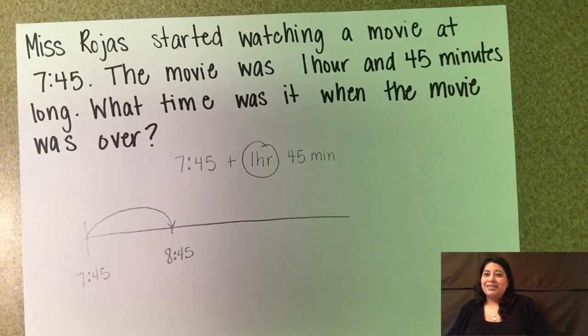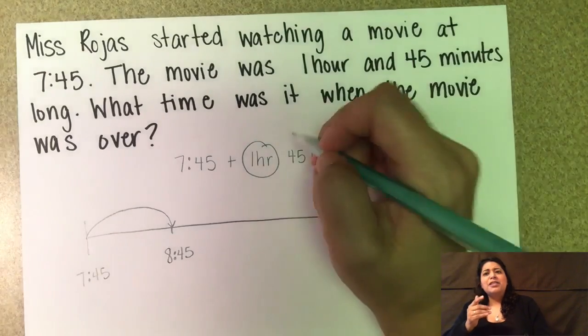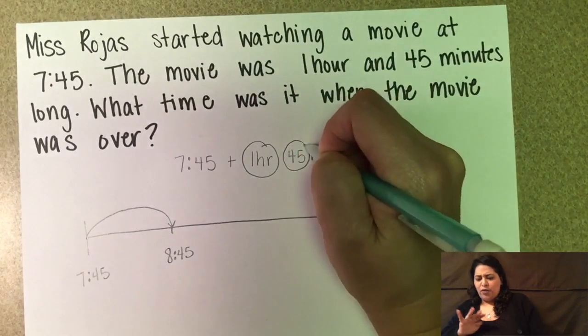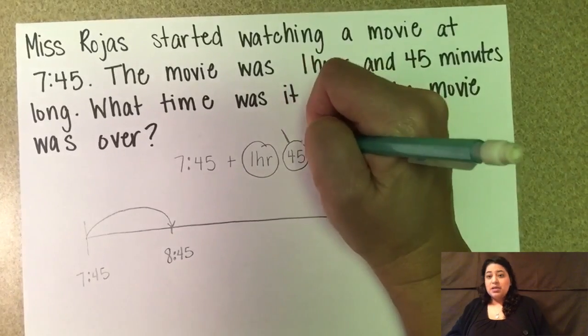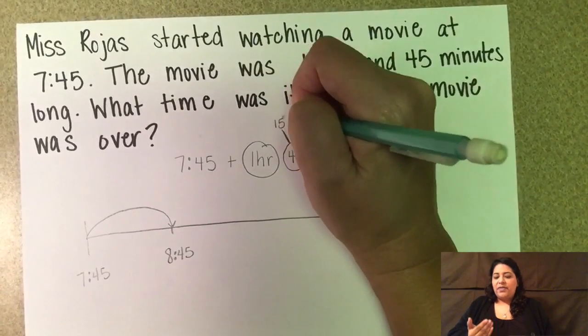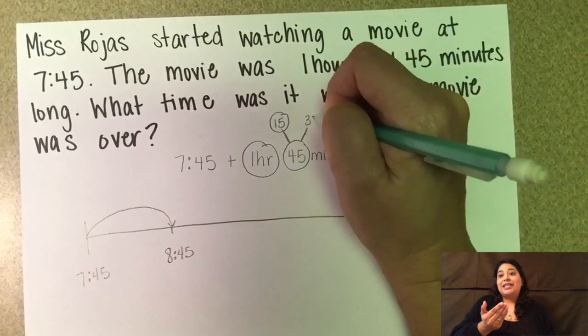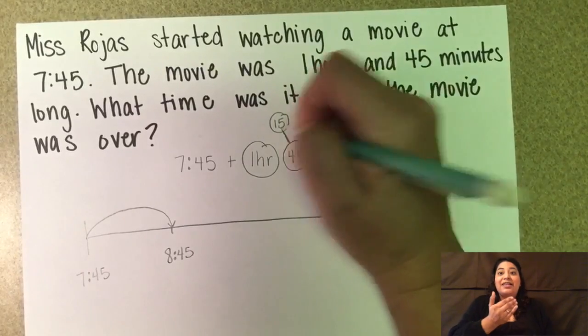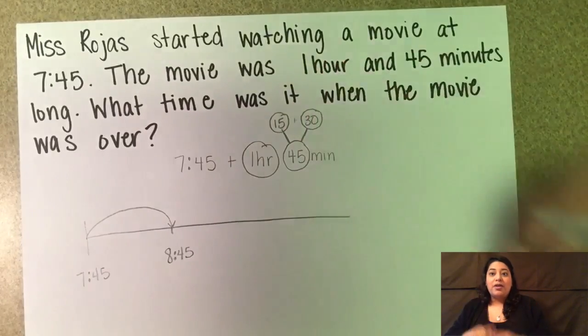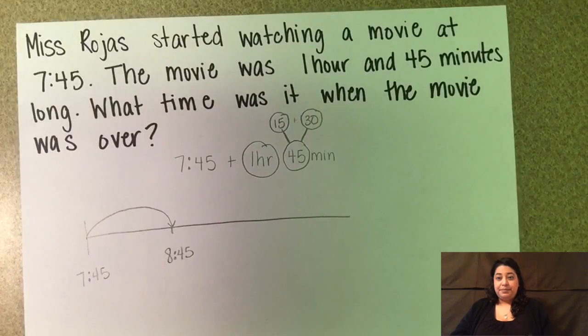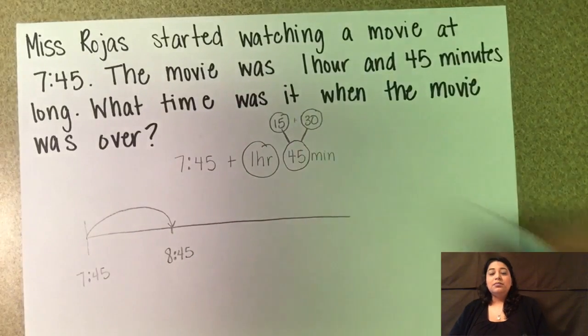That, if I put those together, is going to be more than 60. So remember, what works well in time? Well, 15 minutes work well in time. So I'm going to take this 45 and I'm going to split it into 15 and 30 because 15 plus 30 gives me 45.